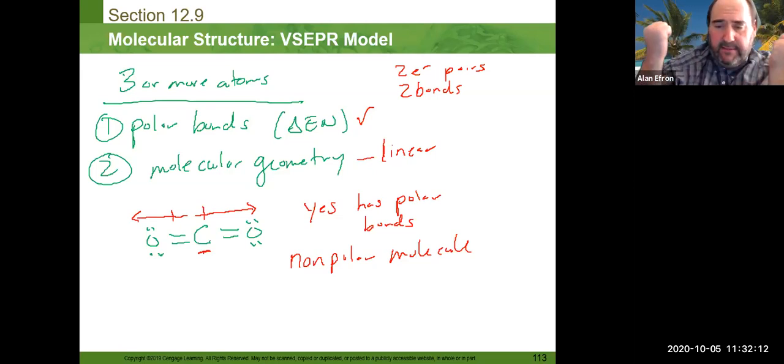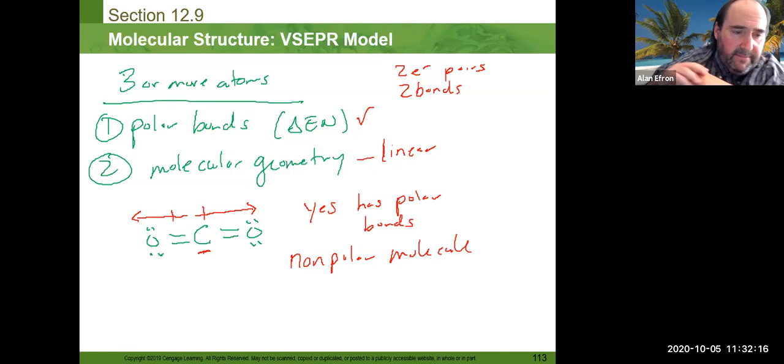In this case, equal and opposite directions, they will cancel each other out. Sometimes people think about this like pulling on a rope, like tug of war. If you had two people pulling a rope equally in opposite directions, nothing's going to move. If somebody pulls stronger in one direction, it would move. So in this case, it would be nonpolar.